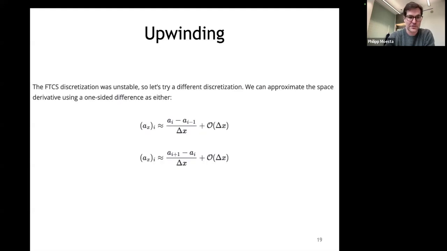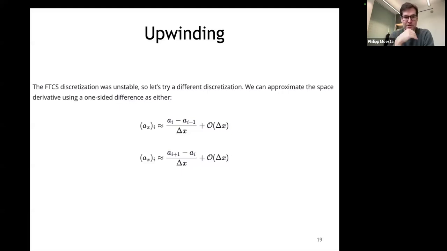But we could also choose a different one. For example, we can use what is called upwinding, where we choose a one-directional stencil. So we don't take the points at j minus 1 and j plus 1 into account to find the solution at an in-between point, but we take them to the right and to the left, and it turns out that this does numerically much better, and is one that we could use to discretize our system.